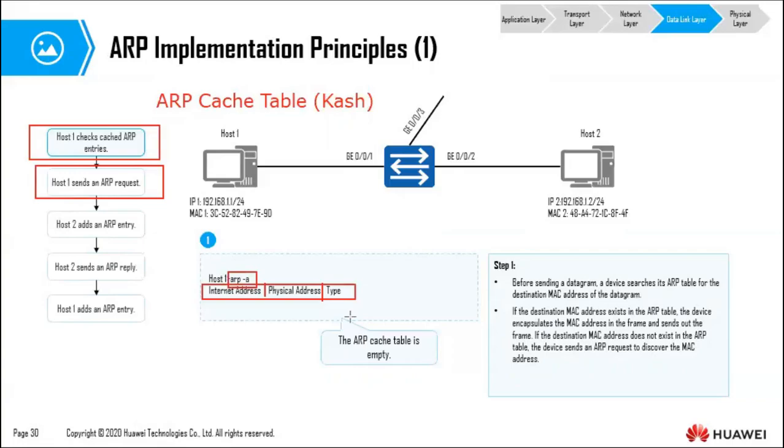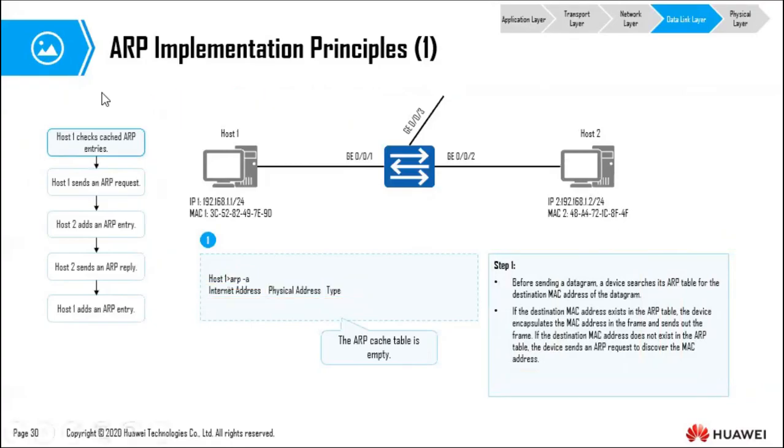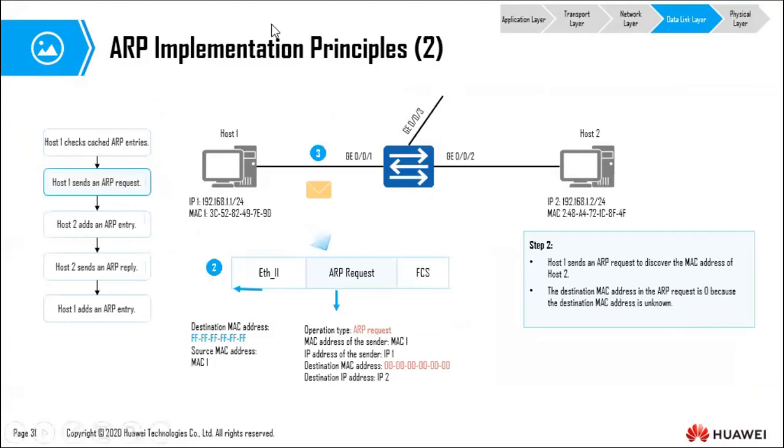So anytime you configure something manually, that is static. If it's done automatically, that's called dynamic. Are we together? So an end device can learn about the mapping between a MAC address and an IP address by those two ways, either dynamically or statically. I think I've already explained step 1, right? You check the cache table. So let's go to step 2.